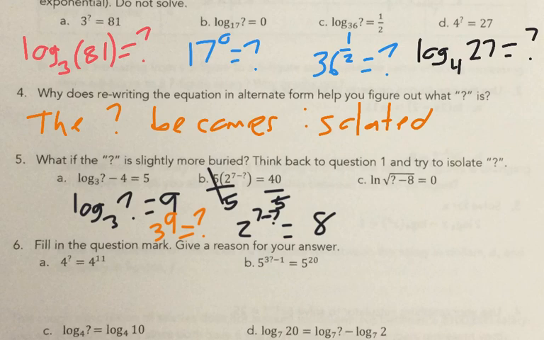So some of you could figure out what the question mark is now. What does the question mark need to be? It needs to be 4. That would make it 2 to the 3rd power. So we could go ahead and rewrite it as a logarithm, but we actually got that simplified enough we could figure it out.